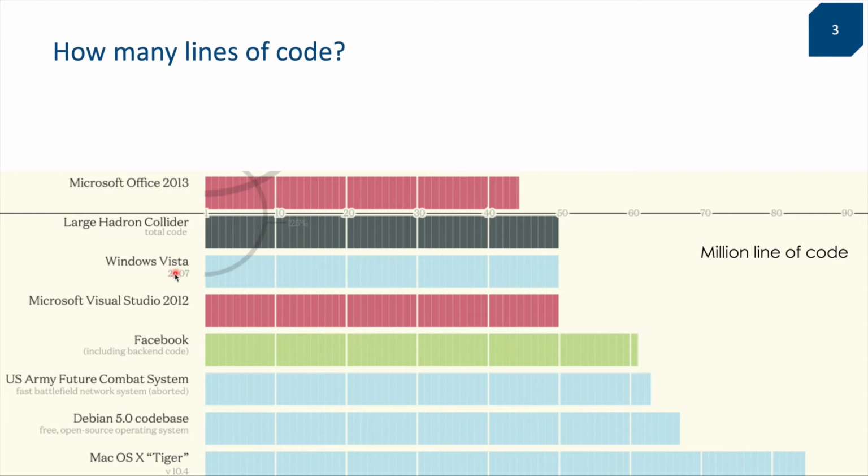And for example, Windows Vista is around 50 million lines of code, or Mac OS Tiger is about something close to 90 million lines of code. And again, these are not the latest versions of the software applications.